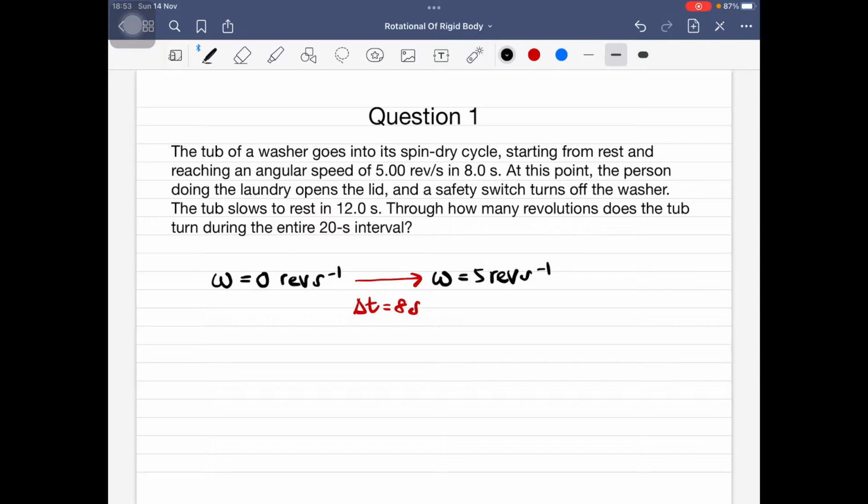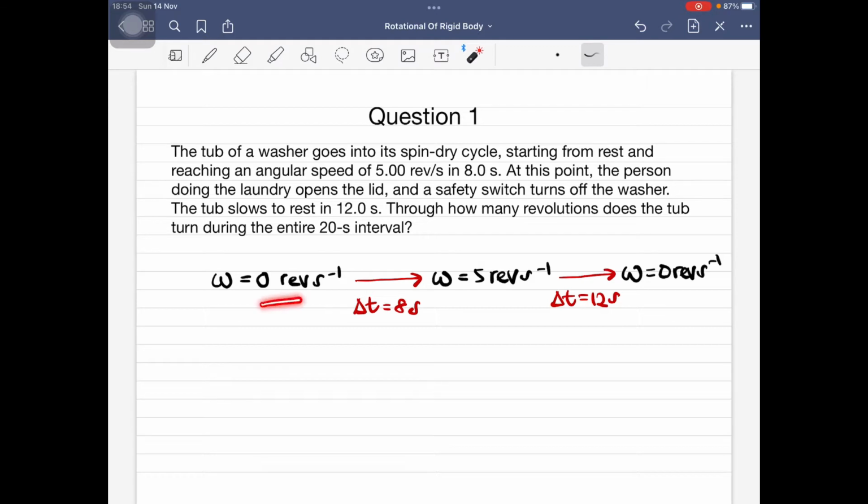Okay, so next the change will be from 5 revolution per second to rest, which means it goes back to omega is equal to 0 revolution per second, and that change takes about 12 seconds. So daripada soalan ini kita akan nampak flow soalan ini, okay, dia ada dua kali perubahan.